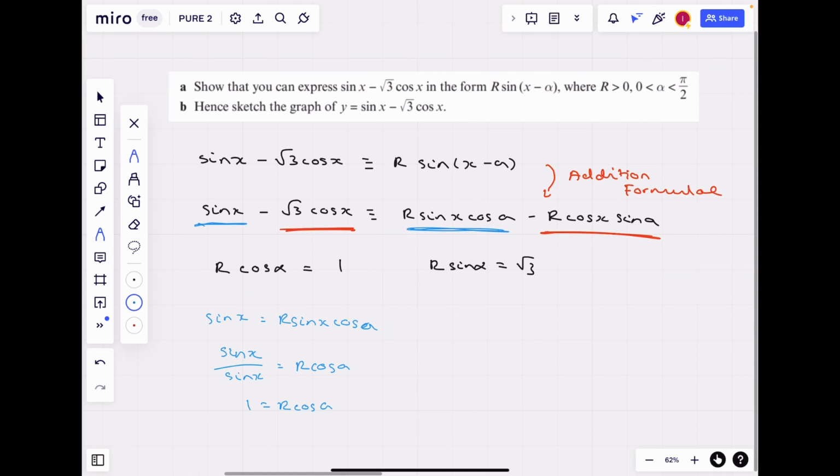Okay, now that I have r cos alpha and I have r sine alpha, I can work out tan alpha by doing r sine alpha over r cos alpha, which is root 3 over 1.